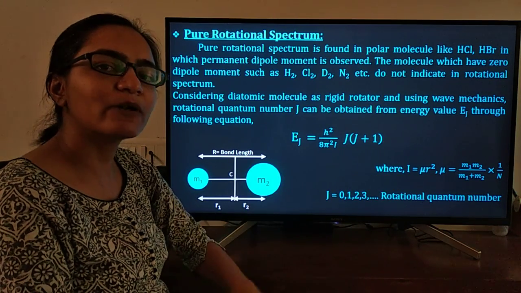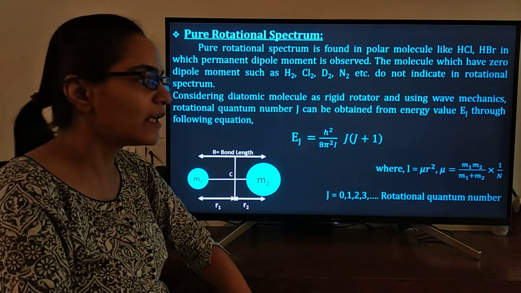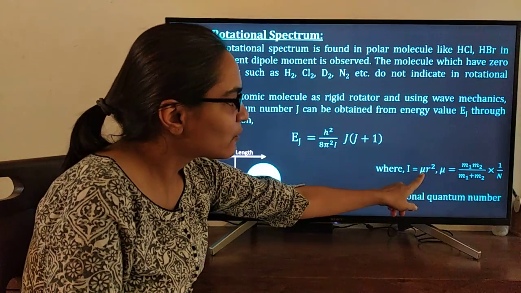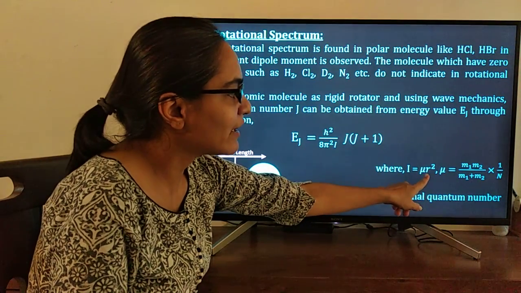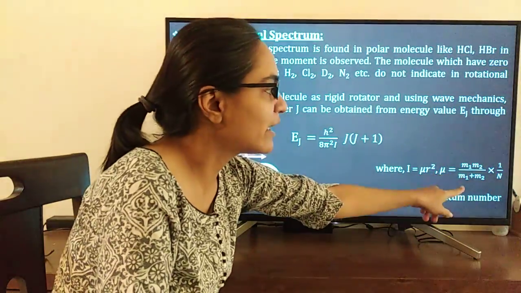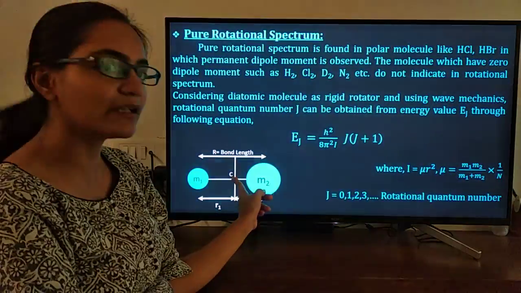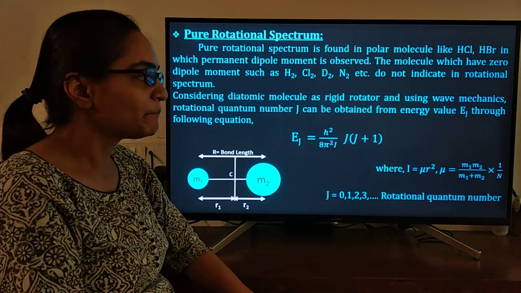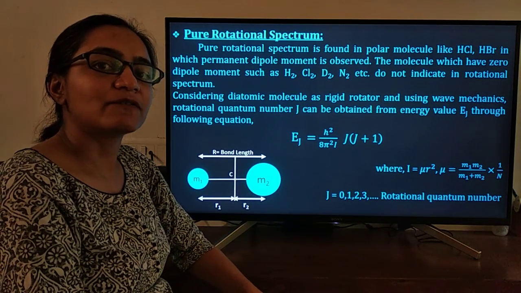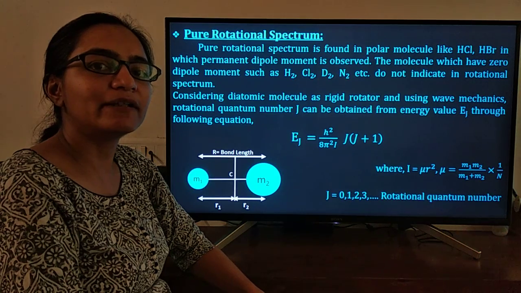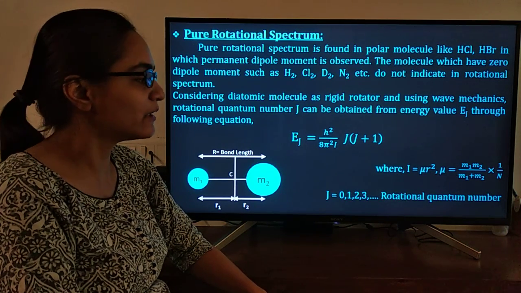I is denoted as the moment of inertia, and mu is the reduced mass, mu is equal to m1 m2 divided by m1 plus m2, which is derived from the theory of rigid rotator. If we are dealing with a mole of molecules, we have to divide the value by the Avogadro number.